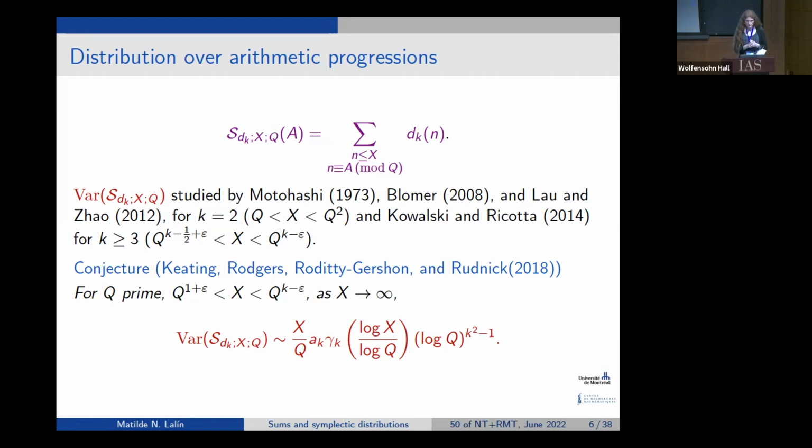So this is not that mysterious; it comes from normalizing, in a sense, the gamma_k. The k squared minus 1 exponent is the degree of the gamma_k.